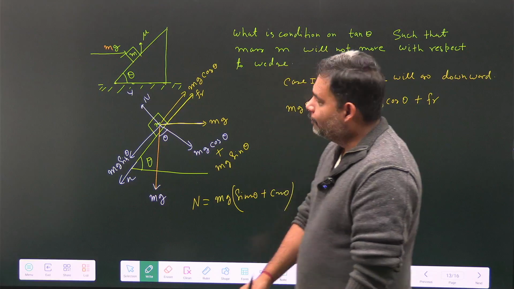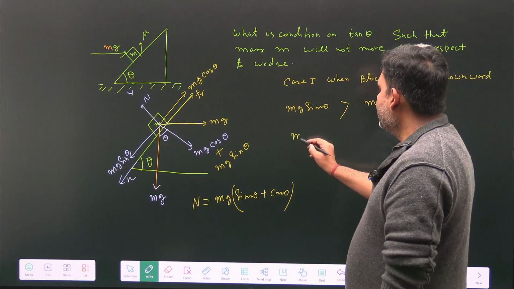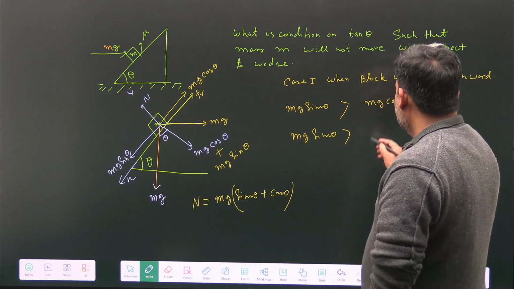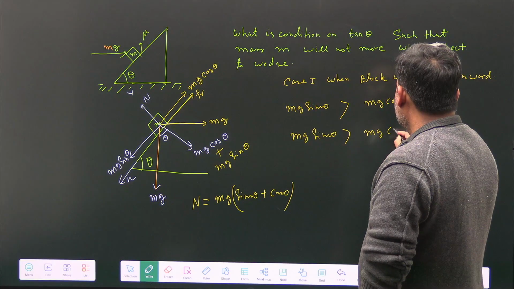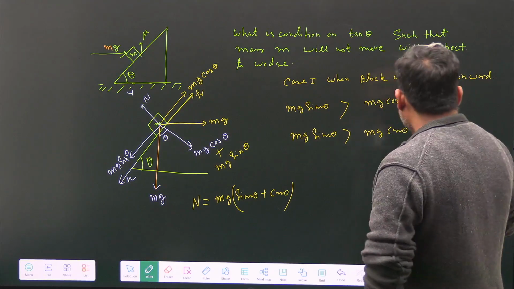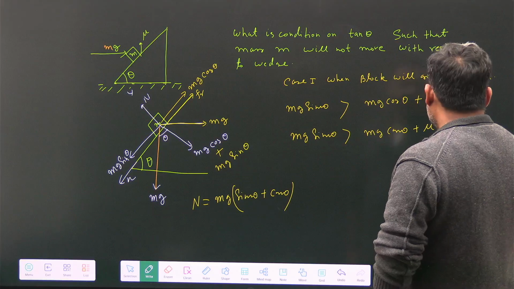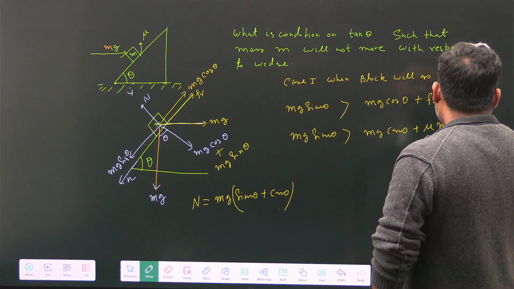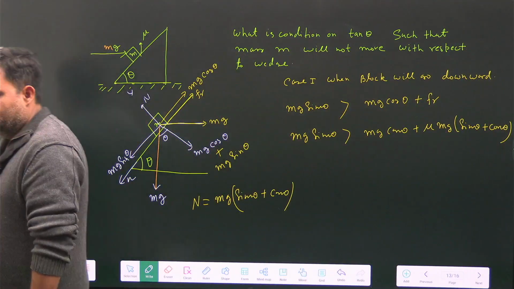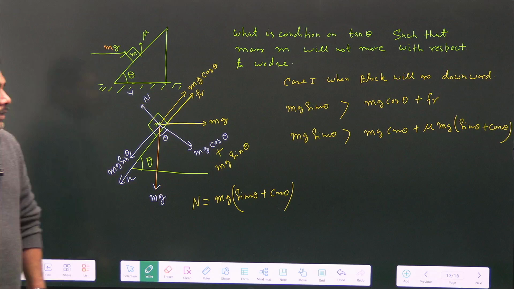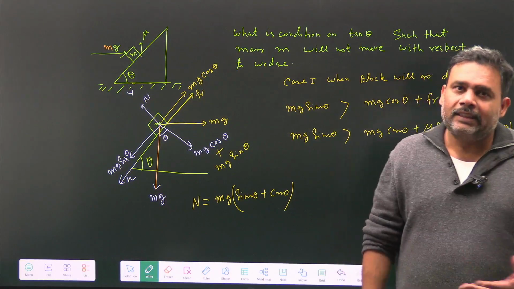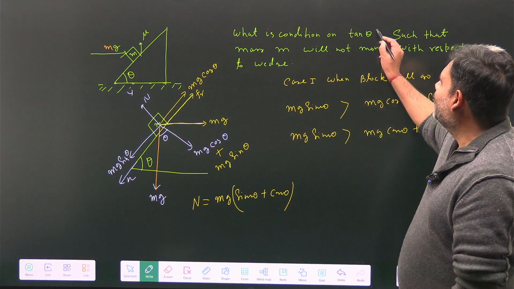This is your normal. So mg sin theta must be greater than mg cos theta plus the frictional force, where the coefficient of friction is mu, and that value is mu times mg sin theta plus cos theta. Okay. So this is a really wonderful thing. So now we have to talk about theta, tan theta. We need a condition on tan theta basically.